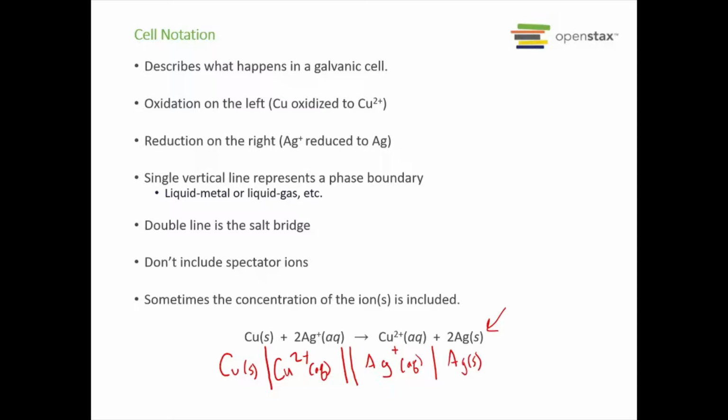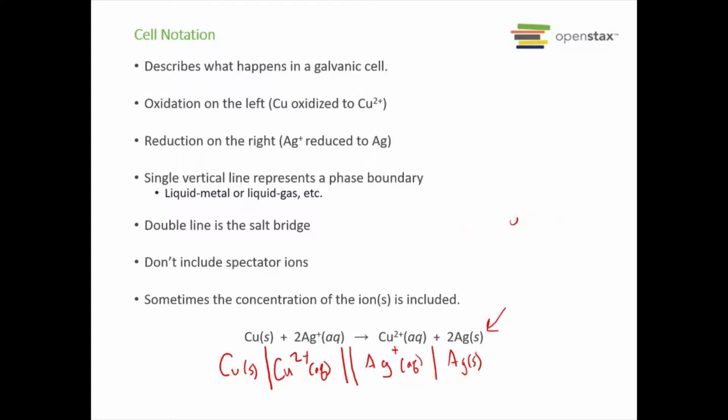If you wanted to write this using the concentrations, and you can do it with just the whole aqueous solution, you wouldn't put like Cu2+ and then NO3-, but you could also write it like this. Copper solid, and then we would say 1 molar CuNO3.